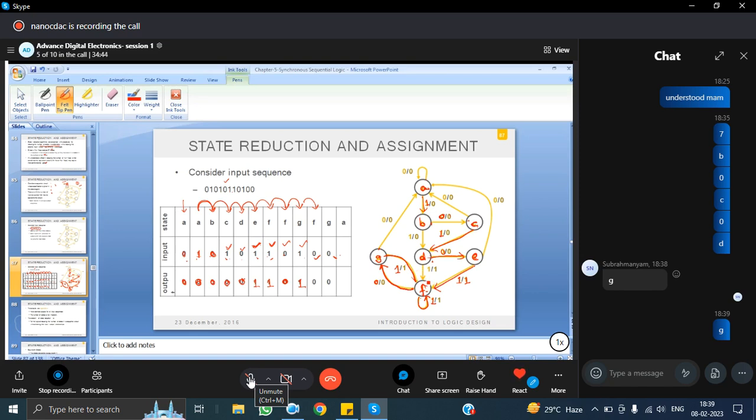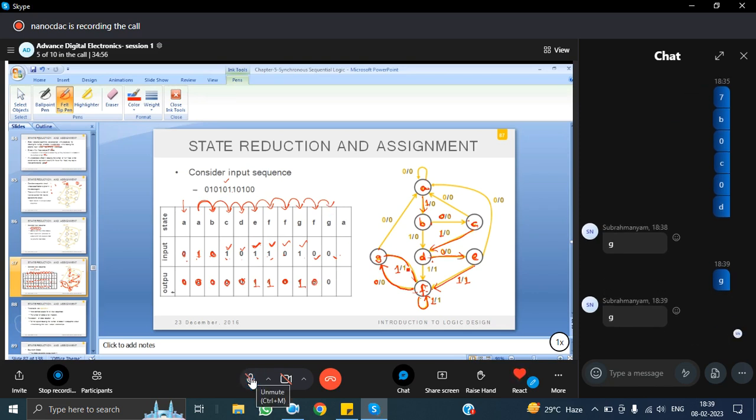With F and 0, where does it go? It will go to G again. The output here is 0. Now in state G the input is 0. With input 0, where does it go? It is going to A.